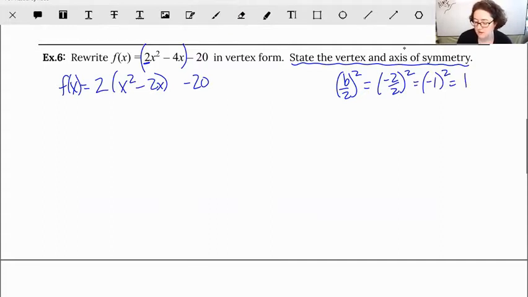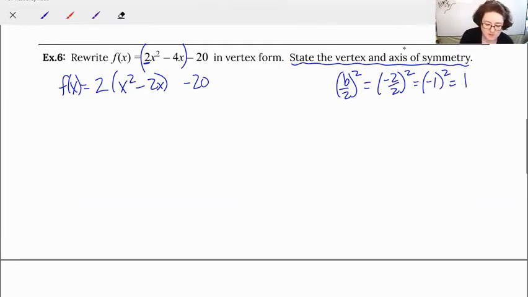So again, all this side work is going to tell me exactly what I need to do in my problem. Let me change my color. This is what we're going to add and subtract. This is what we're going to actually have in our final factoring.